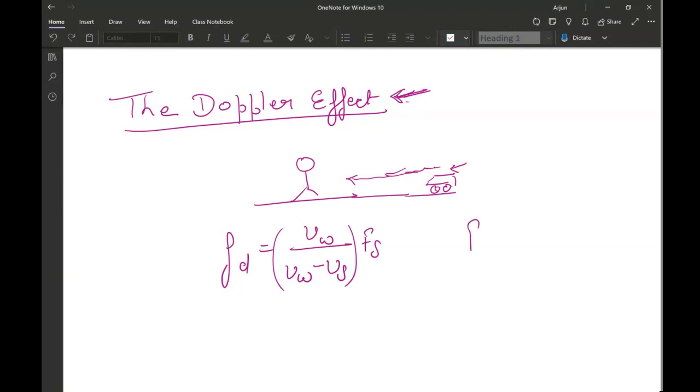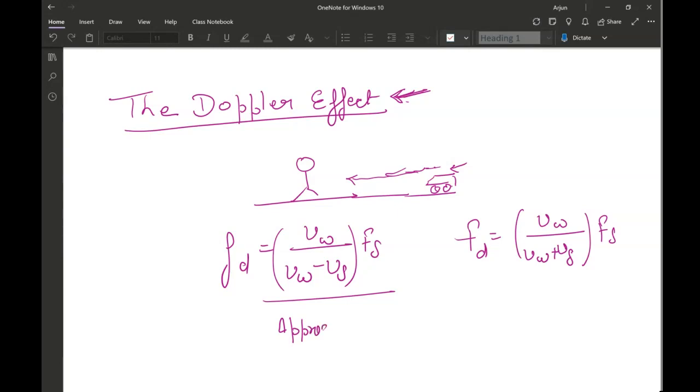And the second formula is Ft equal to Vw upon Vw plus Vs times Fs. This formula is for when the vehicle is approaching you, and this is when it is moving away from you. That's when we use the second formula.